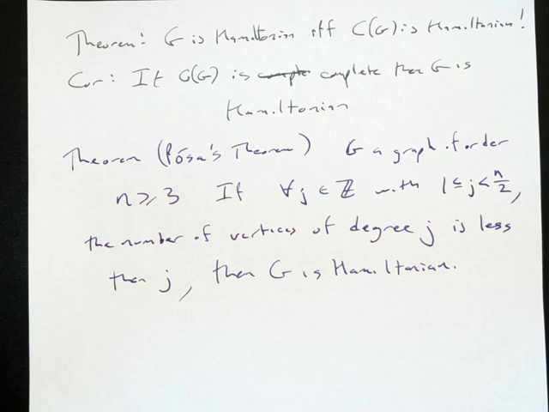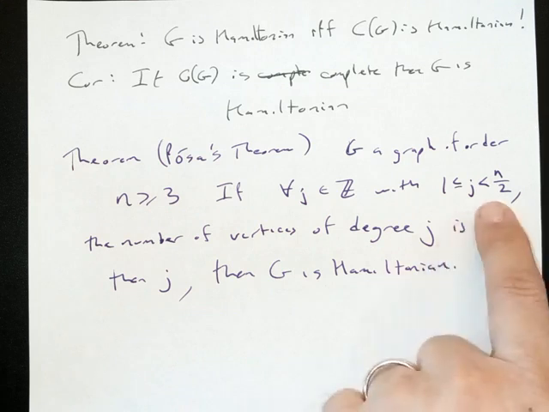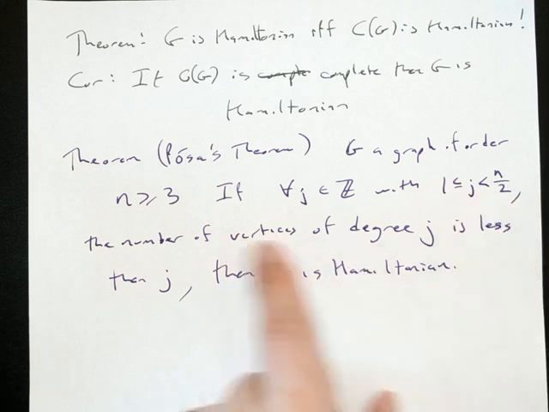But similarly, how many vertices of degree 2 can I have? At most 1. I need the number of vertices of degree j to be less than j, up to half the size of the order.